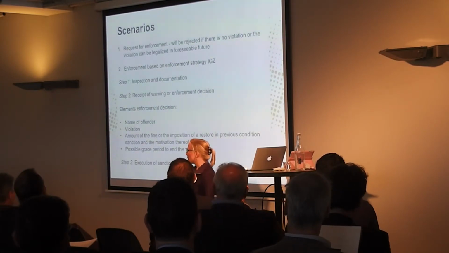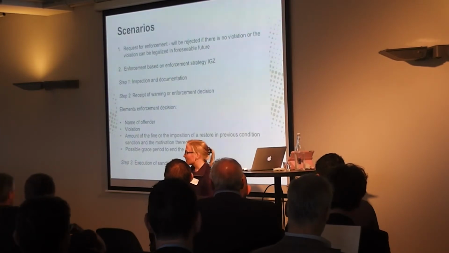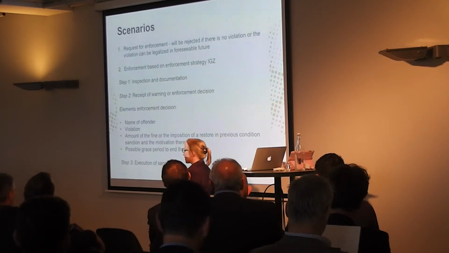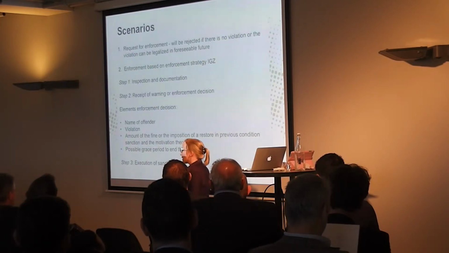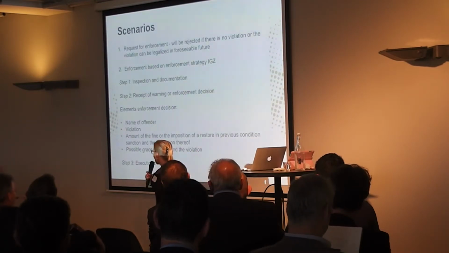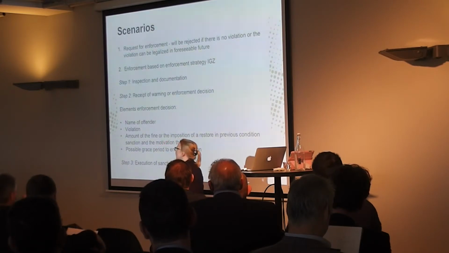Actually, everybody can file a request for enforcement, but not everybody is an interested party, and that is important because if your request is rejected, then only interested parties are able to challenge this rejection in court, and first through an obligation procedure at the inspectorate.